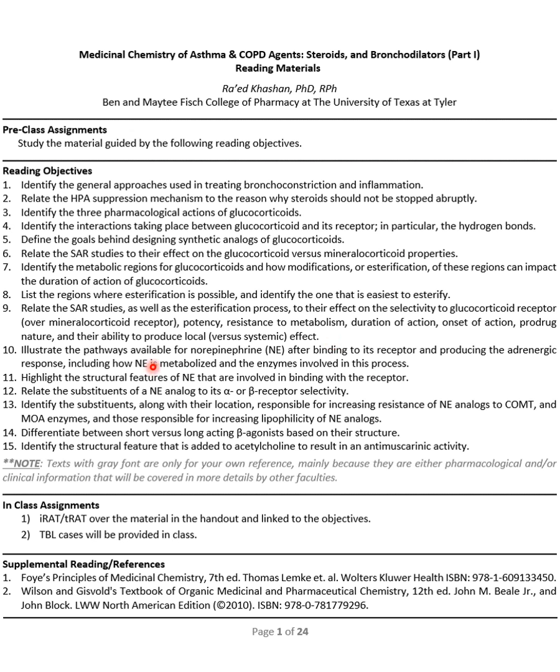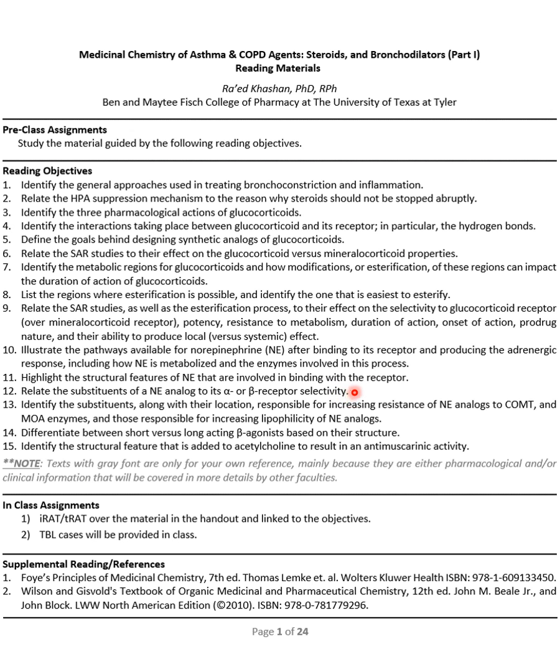What is the fate of the norepinephrine after it binds to the receptor, how it is being metabolized, and then highlight the structural features of the norepinephrine that are involved in the binding of the receptor. So basically look at these interactions between the norepinephrine and the receptor, and then relate how these features affect the selectivity and how they affect the mechanism of action.